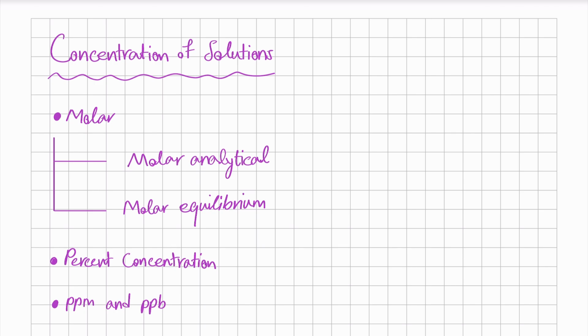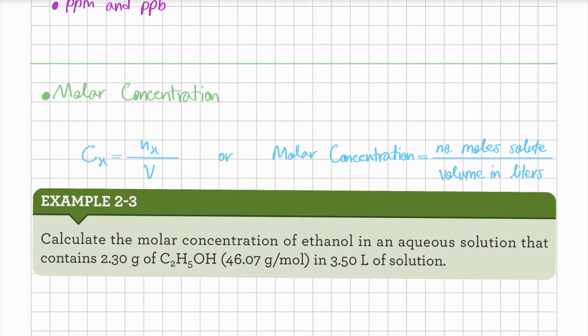The next ones are going to be percent concentration, ppm and ppb. ppm stands for parts per million, while ppb stands for parts per billion, which are going to be discussed completely in the next video.